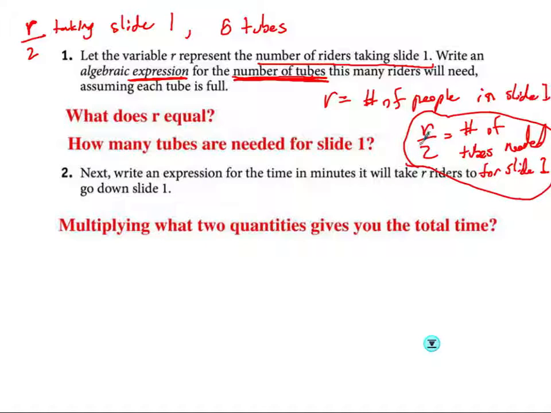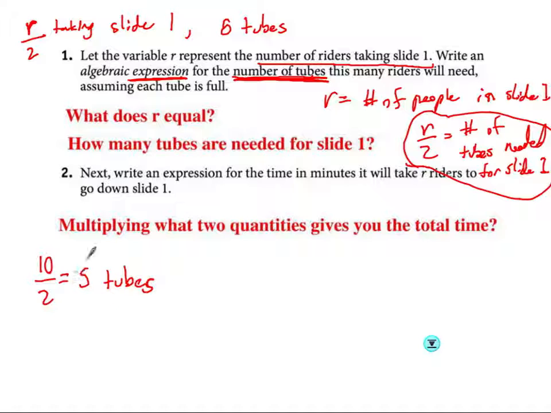Alright. Let's go ahead and take a look at number 2. Next, write an expression for the time in minutes it will take the riders to go down slide 1. Okay, let's use my example of 10 riders, and we needed to find the number of tubes, and we found that we needed 5 tubes for those 10 riders.